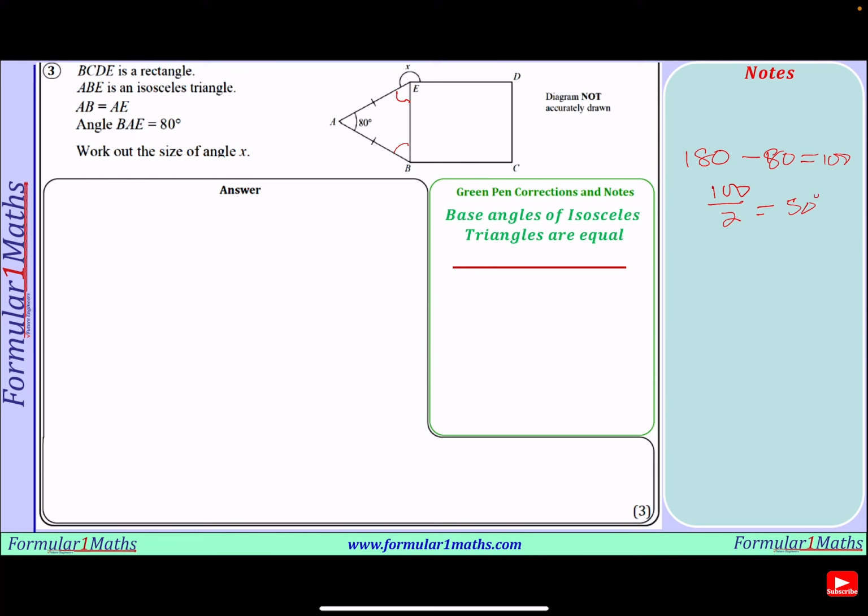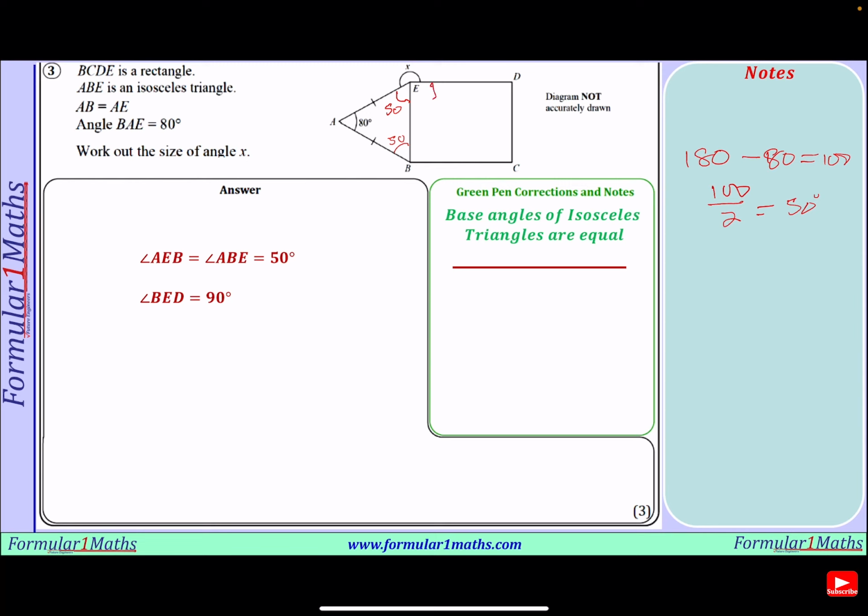So this angle is 50 and this angle is 50. So we can write that angle AEB is 50, as you can see. And then we know that BED is 90.